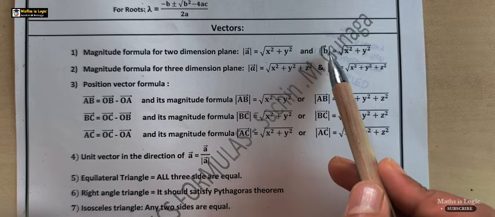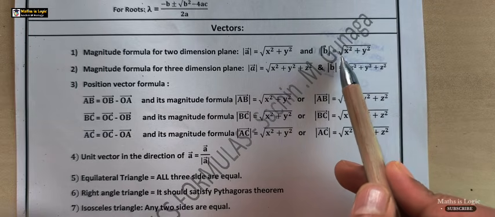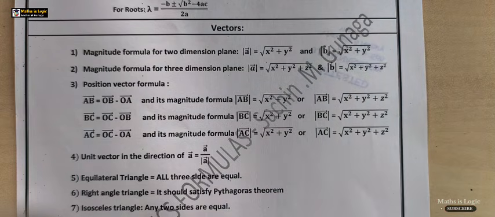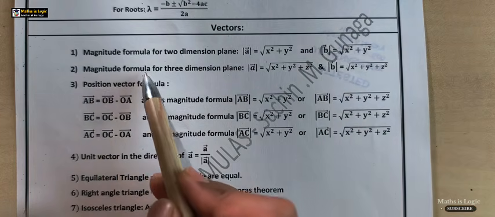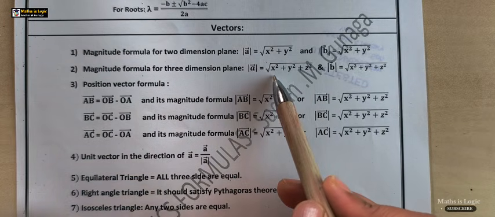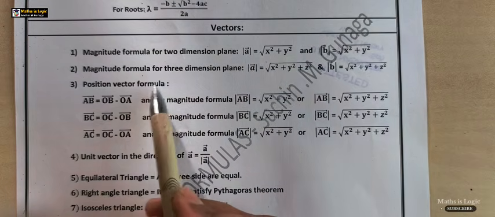If magnitude of b is given, again the formula remains the same, that is square root of x square plus y square. Next, magnitude formula for 3-dimension plane is square root of x square plus y square plus z square. Next, position vector formula.